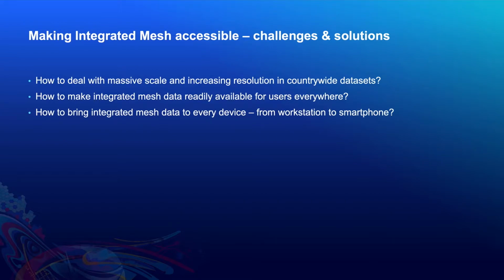And how can we make this data readily available for everybody, everywhere? That means not just on a workstation where the mesh is being created, but everybody can have immediate access to this data. We also want it to be navigatable not just on a workstation, but on a smartphone.